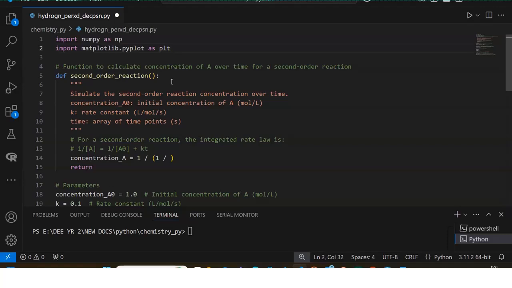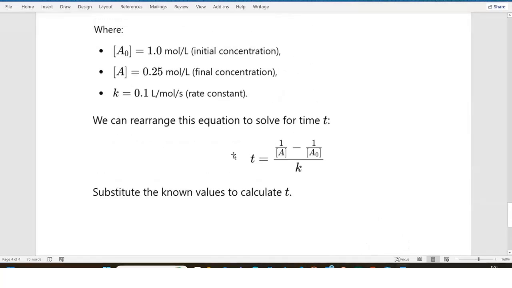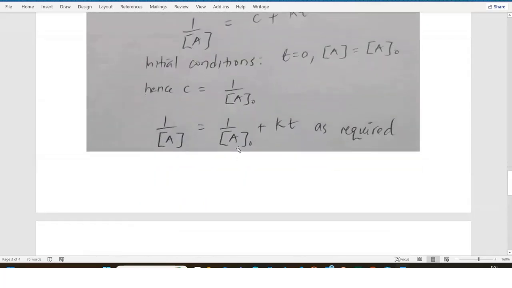Remember, we have the concentration of A when the time is equal to 0, then we have the rate constant, and we have time. So let's put in, obviously, the equation that we just derived. This is the equation that we're talking about. We need the inputs to this model. We need the concentration at t equals 0, we need the k, we need the time.